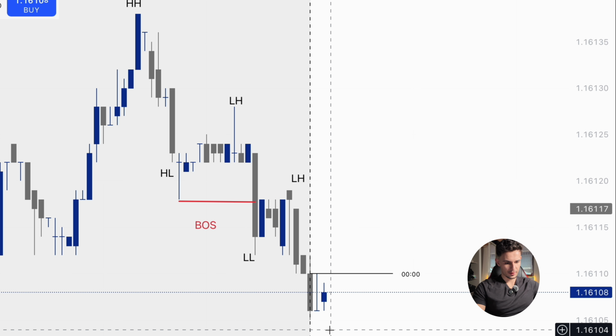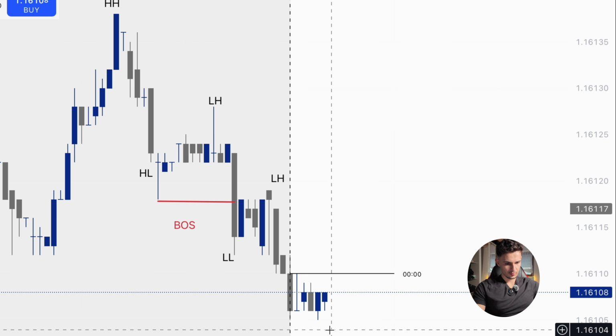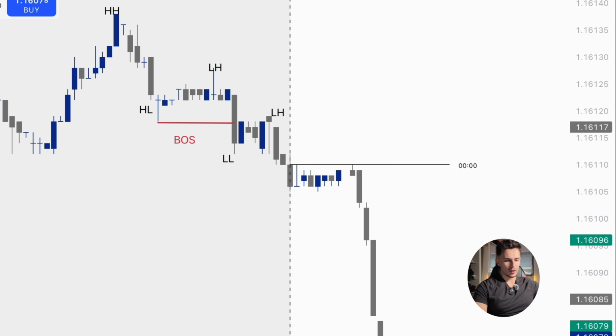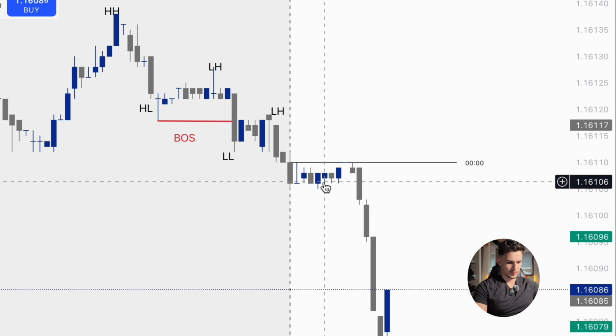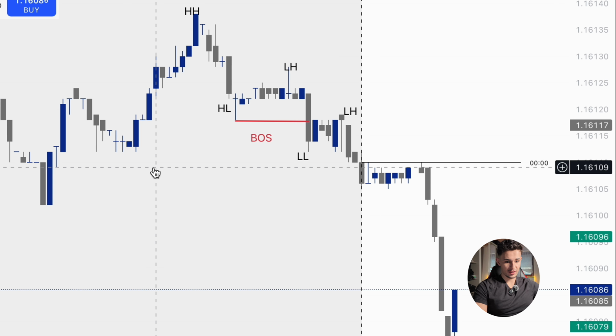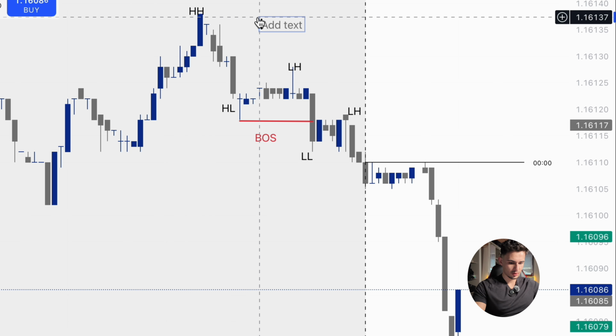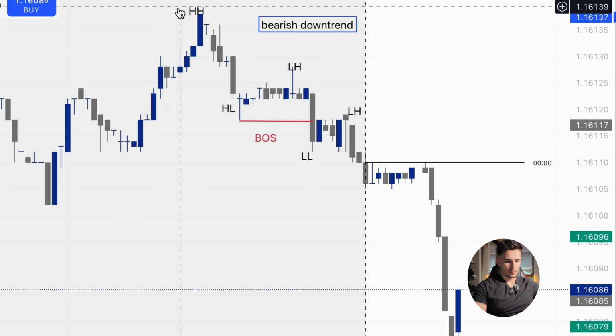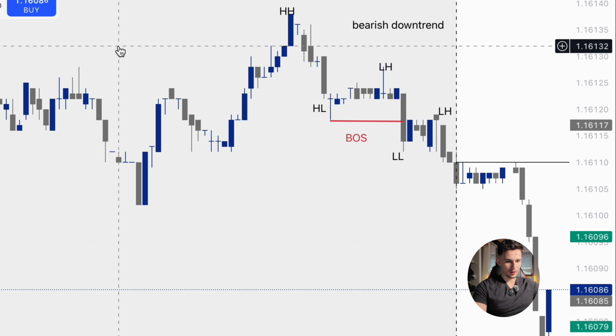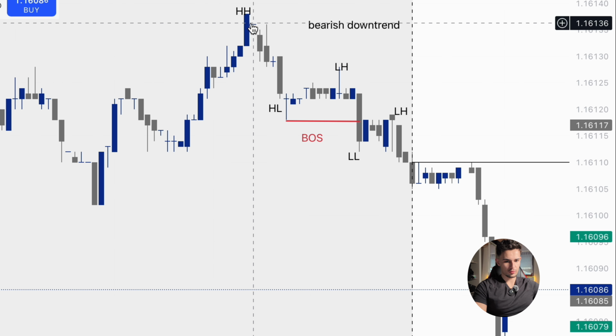Curious what will happen next. After that break of structure, price continues to go down. So what we saw here is a bearish downtrend. You see, from a bullish uptrend, price now becomes a bearish downtrend.